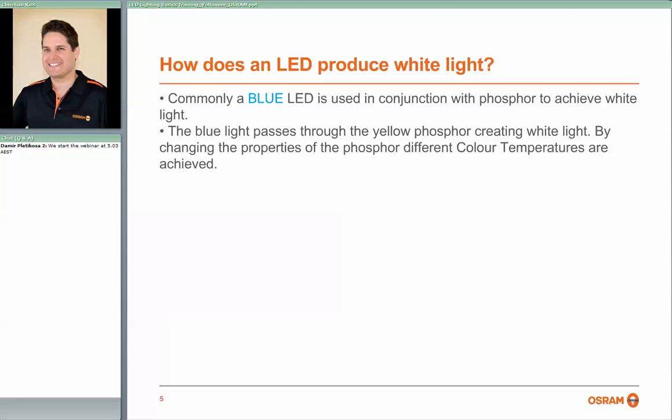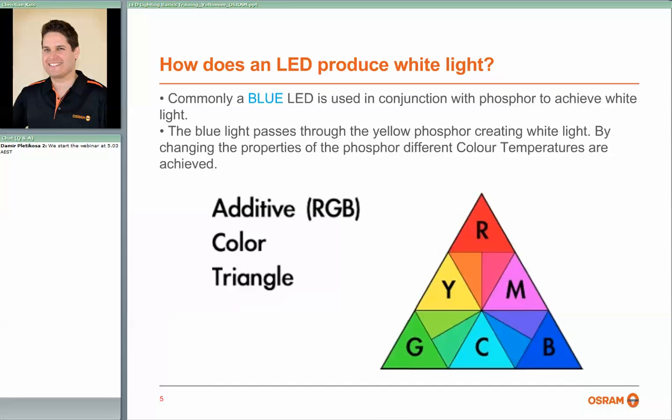We've been doing phosphor conversion with fluorescent lamps, for example, for quite a number of years, so it works on a similar principle. By changing the actual phosphor coating and the thickness of the phosphor and the types of phosphor mix within the actual LED chip package, you can control the color temperature of the LED, whether it's a cool color or a warm color and so on.